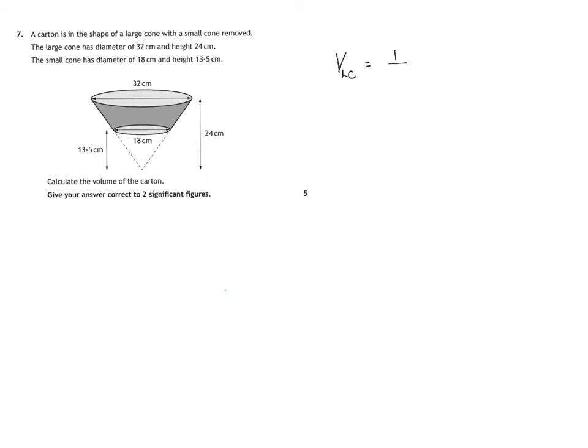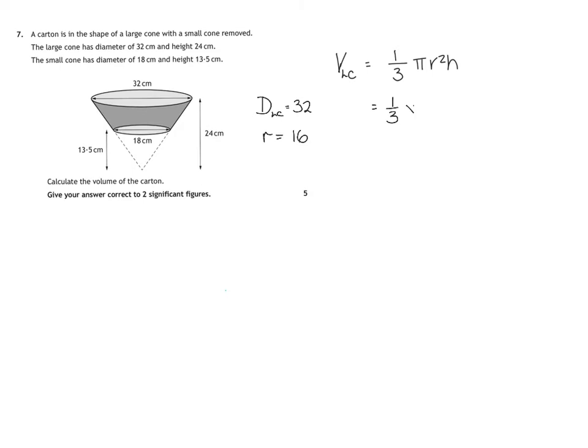So 1/3 pi r squared h is the formula. Right, so if we put in our values for the large cone, our diameter is 32, so our radius is half of that, which is going to be 16.